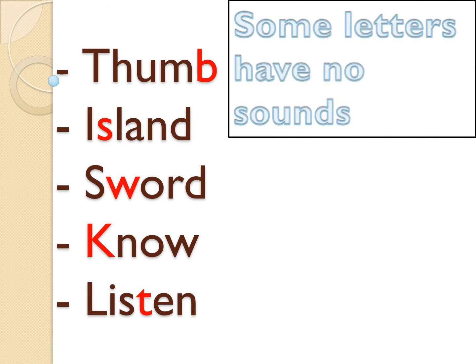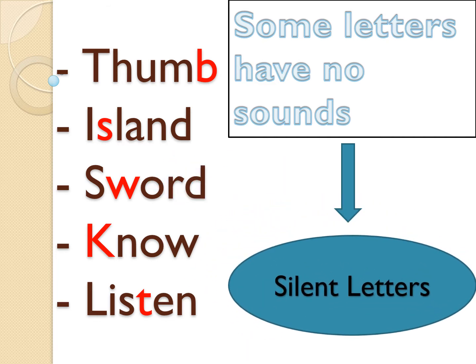Some letters are not pronounced. These letters are called, you can guess, silent letters. English abounds with words which contain silent letters. And you can think about more and more examples.